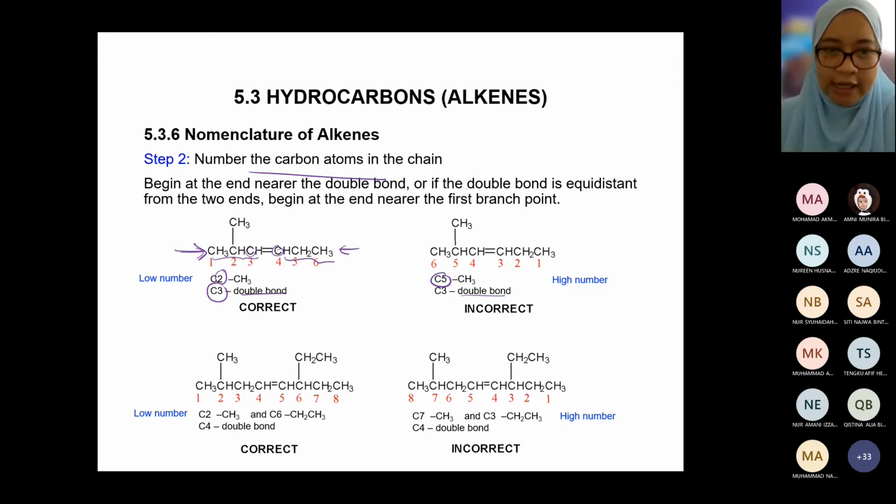You may go through it. Basically it is the same but prioritize the double bond. Then the substituents.